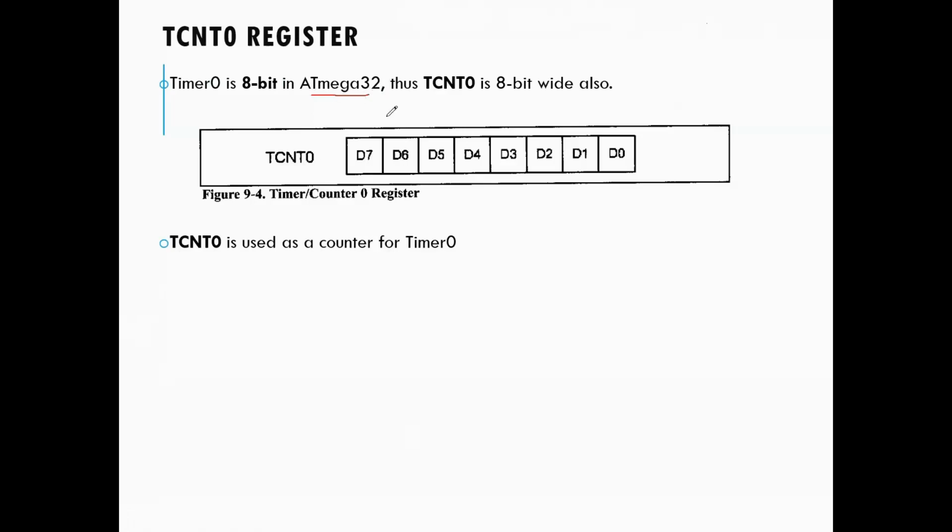So if we want to use timer 0, we just set TCNT0. It has 8-bit registers, therefore the most right is bit 0, and this is bit 7.